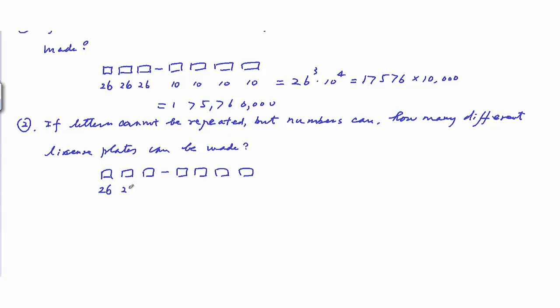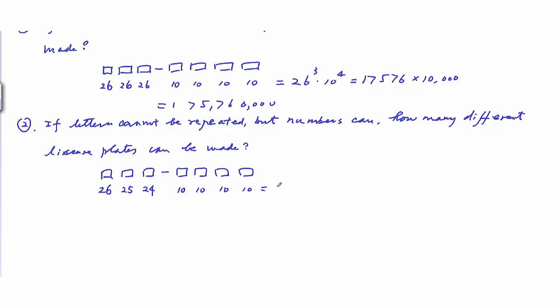Then this one has 25 ways to complete, or 25 letters available now. And now, after the first 2 letters are used, you only have 24 letters to choose from for this spot. However, because numbers are allowed to repeat, you have 10 digits, so 10 ways to fill this spot. You have 10 again, and 10 and 10 here.